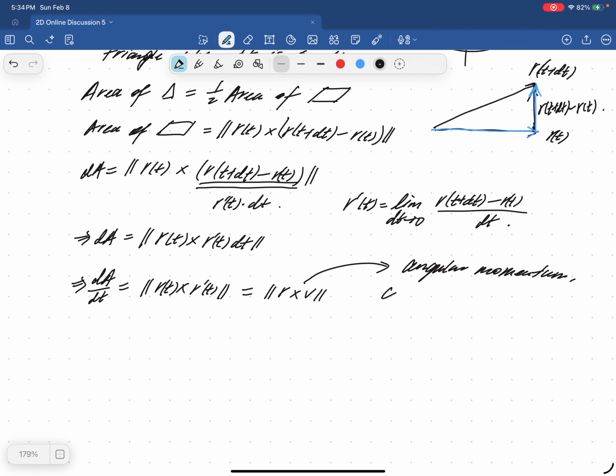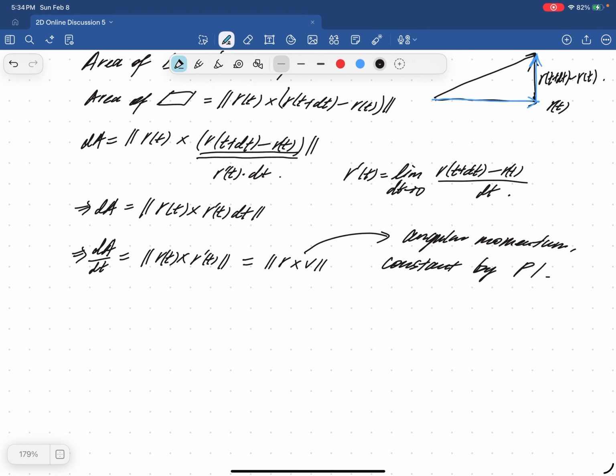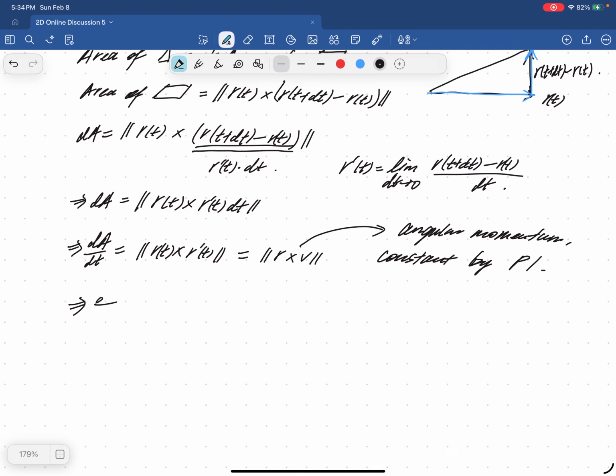This is constant by problem 1. Therefore, dA/dt is equal to the size of r(t) cross v(t), but this is the same for all t, so let's just plug in 0. This is the size of the cross product between r(0) and v(0).